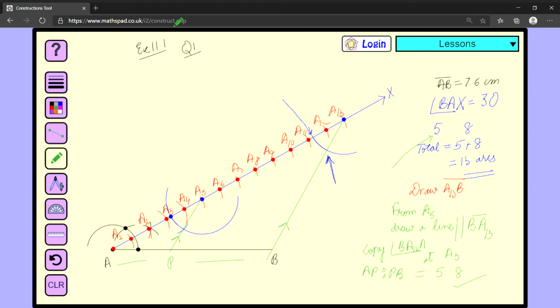The ratio of AB and AA13 will be the same. So what I have done is the ratio of these two parts: this is 5 units and this is 8 units. The ratio of these two parts is 5:8. By BPT, the ratio of AP and PB will also be 5:8.